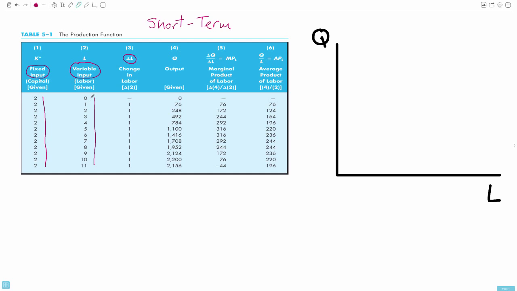So this could be the change from 0 workers to 1 worker, 2 workers, 3 workers, and so forth, while holding the number of units of capital, which could be the number of machines or some sort of equipment, fixed.